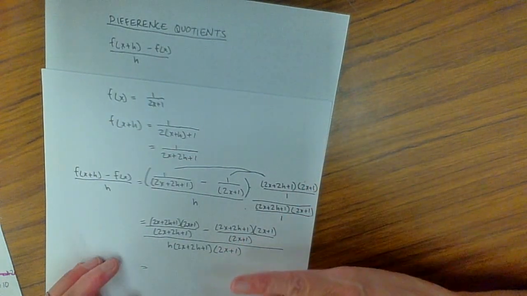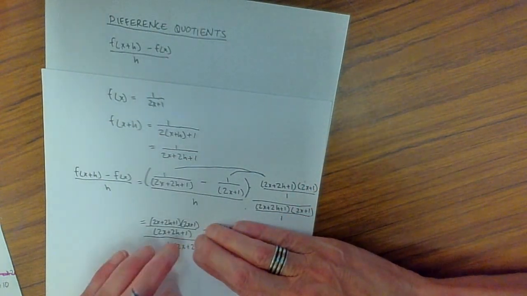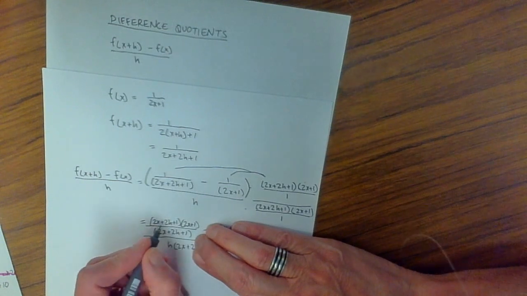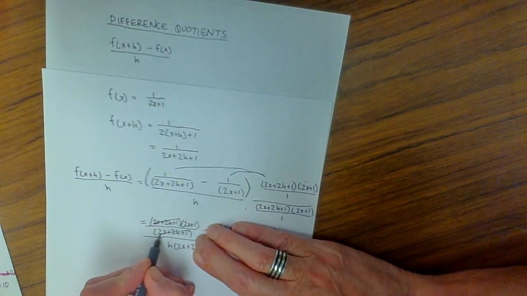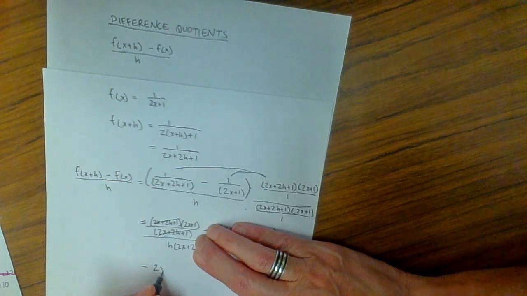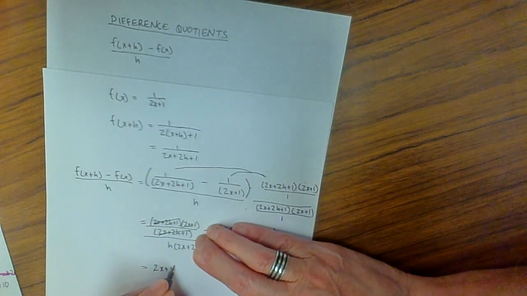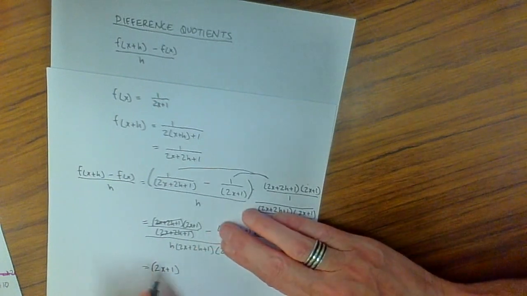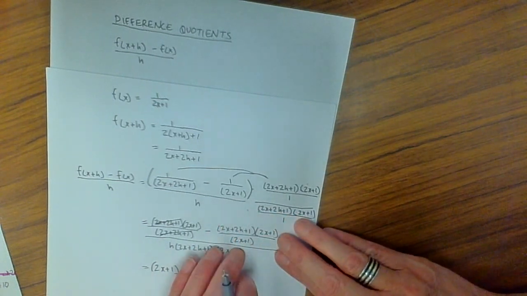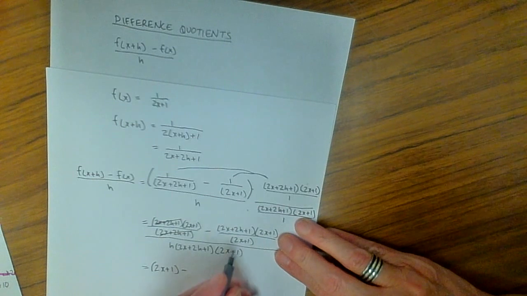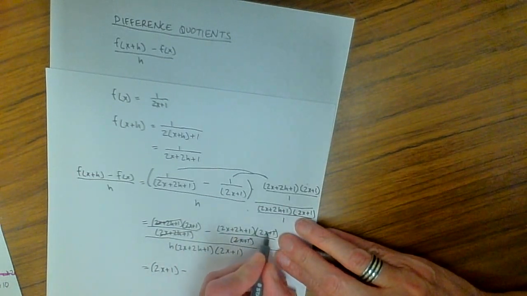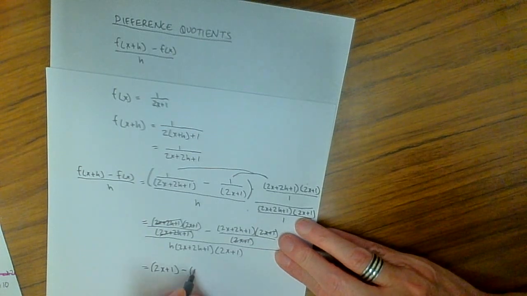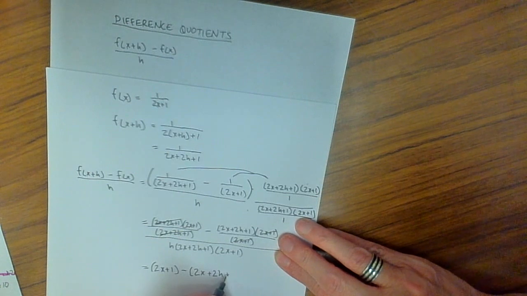Now let's look at the pieces. I've got this fraction, and on the top is 1 term, the bottom is 1 term, and there's a common factor, so all that's left there is 2x plus 1. Then I have a minus, second fraction, top is 1 term, something times something, bottom is 1 term, and they share a factor, so I have to subtract 2x plus 2h plus 1.